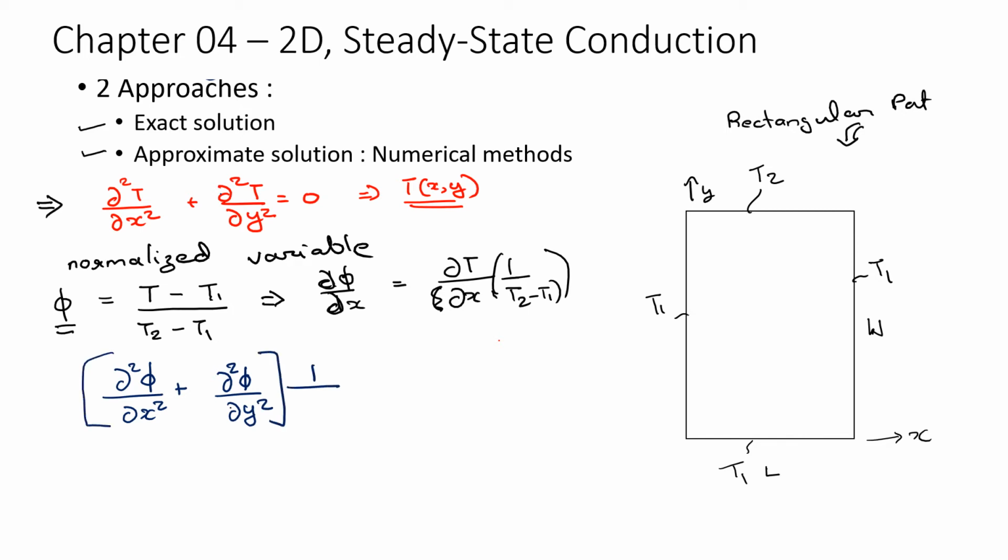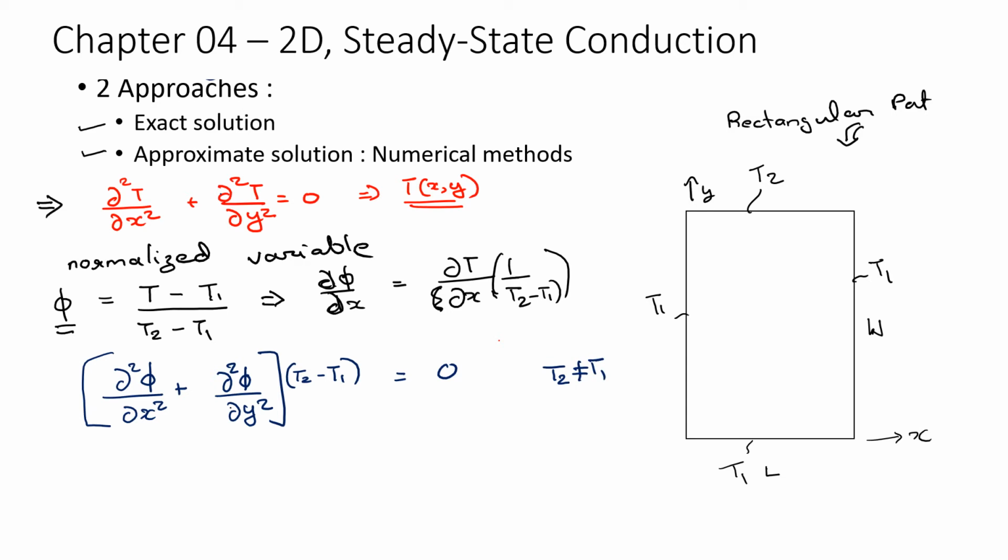into, you will have a term of T2 minus T1 in the denominator, oh I'm sorry, in the numerator, equals to 0. Now because we are assuming that there is a temperature difference, your T2 will not be equal to T1, otherwise there won't be any heat transfer.